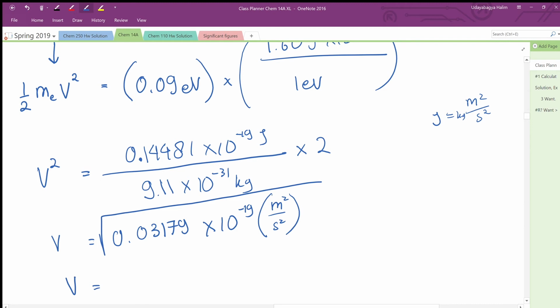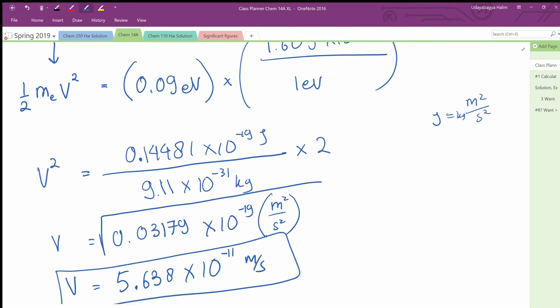Square root of 0.03179 times 10 to the power negative 19. And it comes out to an incredibly small speed of 5.638 times 10 to the negative 11 meters per second. At least in this particular problem, that's what we got.